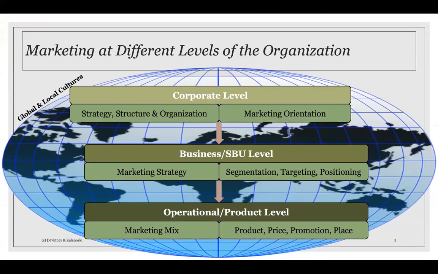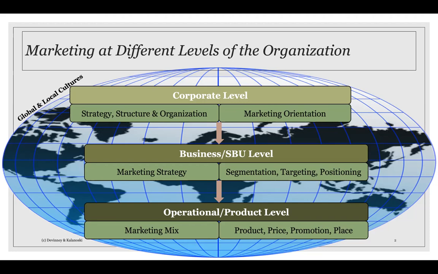Now, when you look at marketing across organizations, there actually are different levels at which you can think about this. We haven't talked about this in a lot of detail, but effectively you have different types of pressure points in terms of how you're thinking about things.